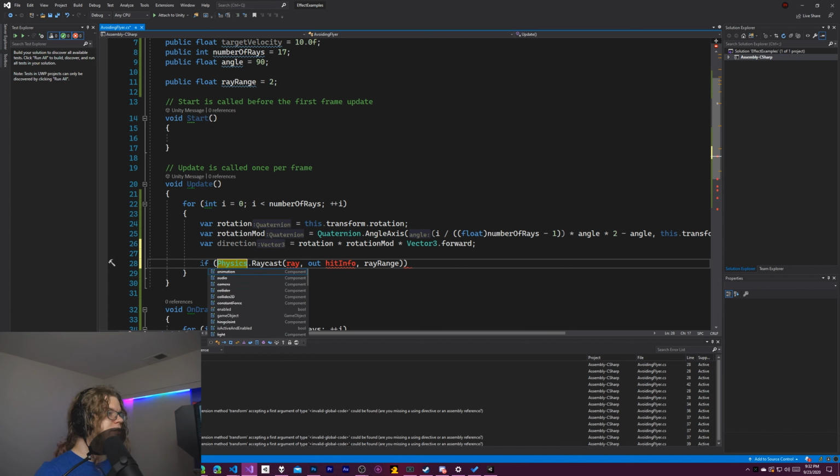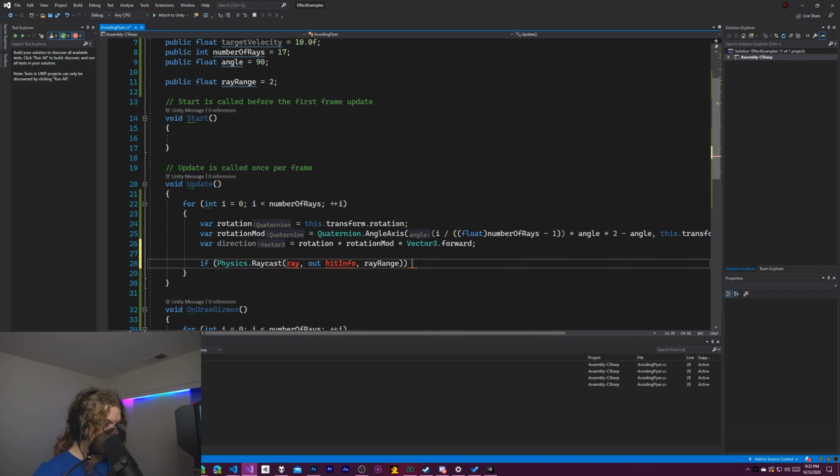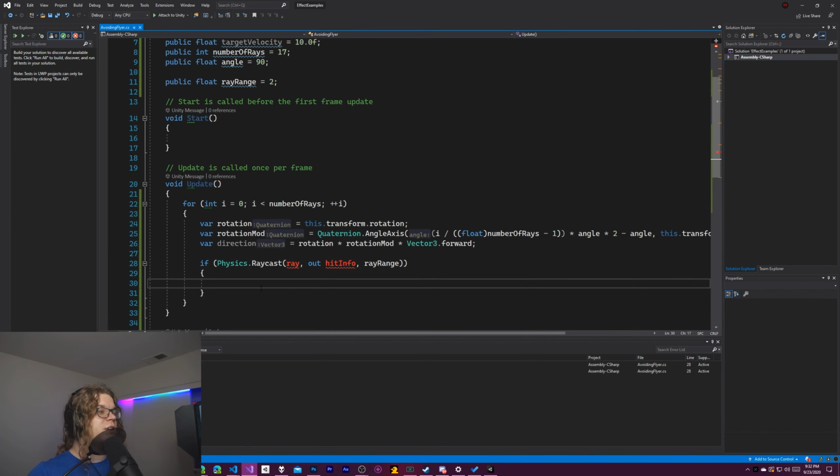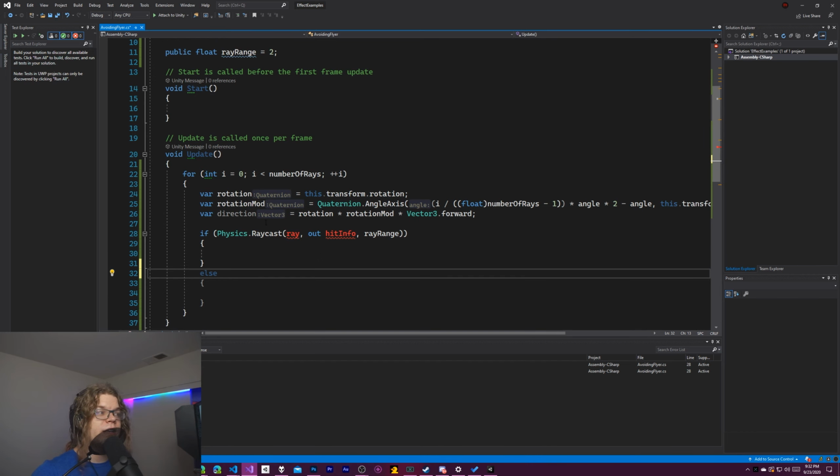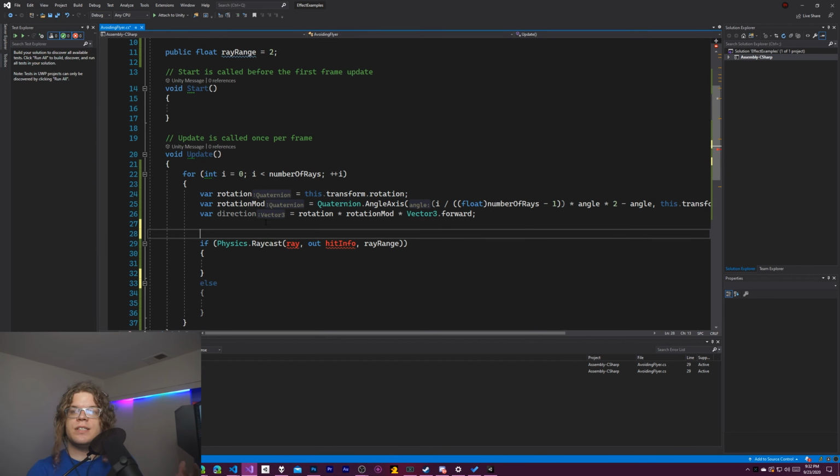So we are going to do if Physics.Raycast does this. If we actually collide with something, we'll do that. Otherwise, we'll do this other bit. So there is our conditional stuff. And now we just need this ray and the hit info. So we have RaycastHit, which is our hit info.